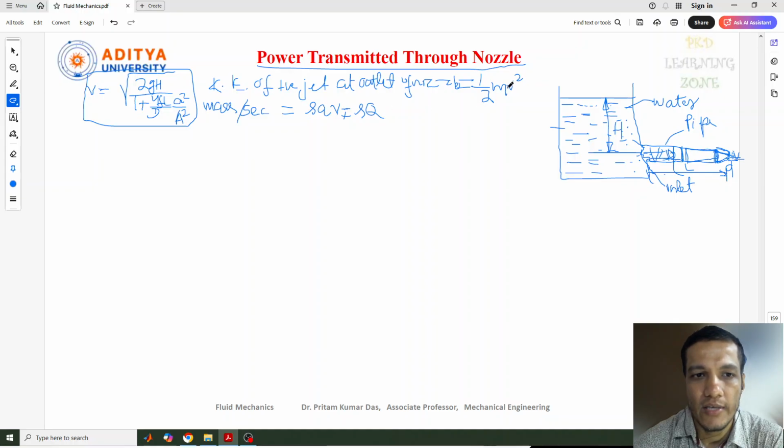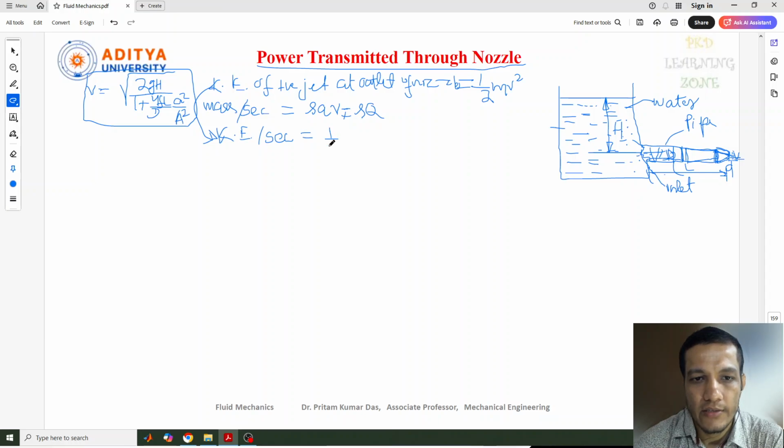Just put this value in this equation. So what we'll get, again, write down the kinetic energy of the jet at outlet per second. Put this value of mass flow rate per second in place of m.